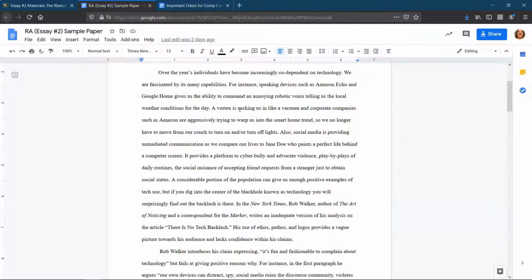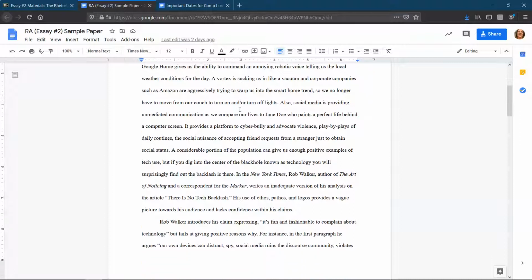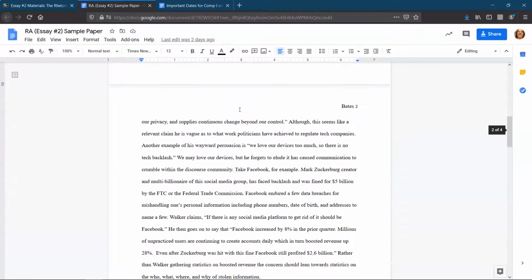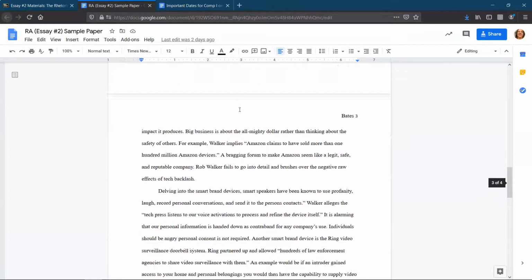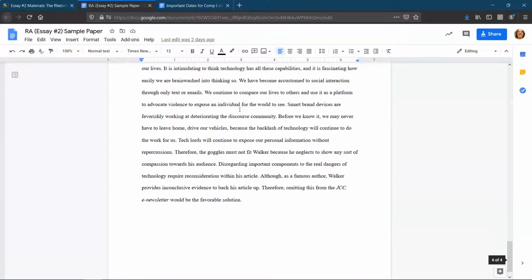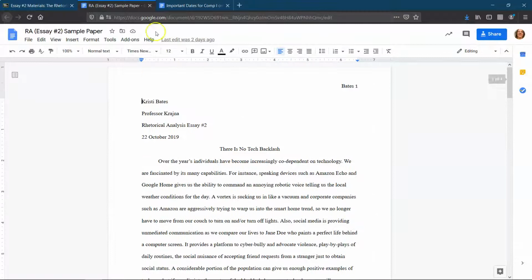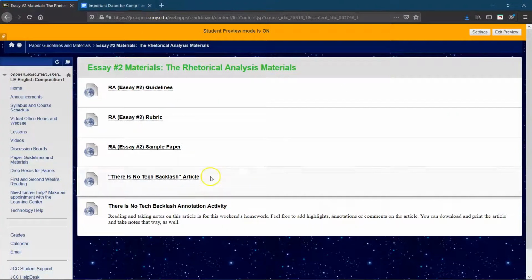She leads the reader in, and then she talks about Rob Walker's credentials, and then she talks about her thesis statement. I think she really did do a great job. That's why I'm using that this year as one of my model papers.